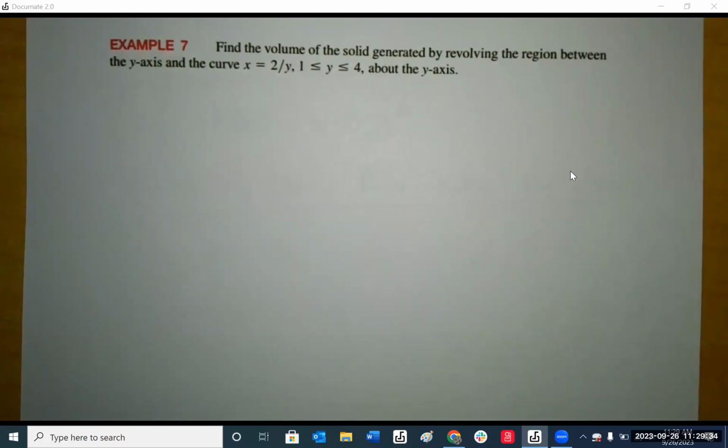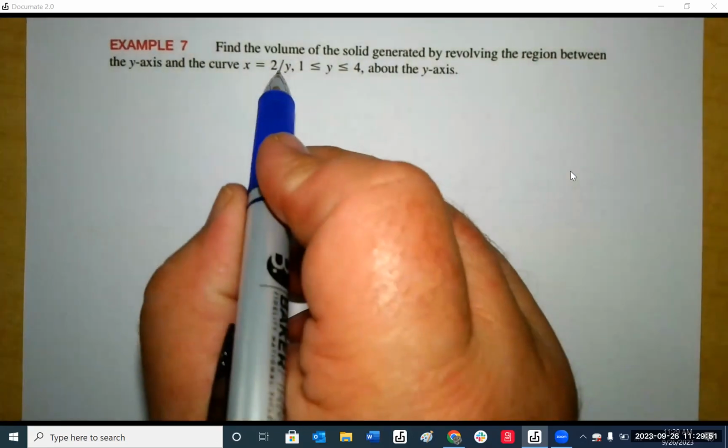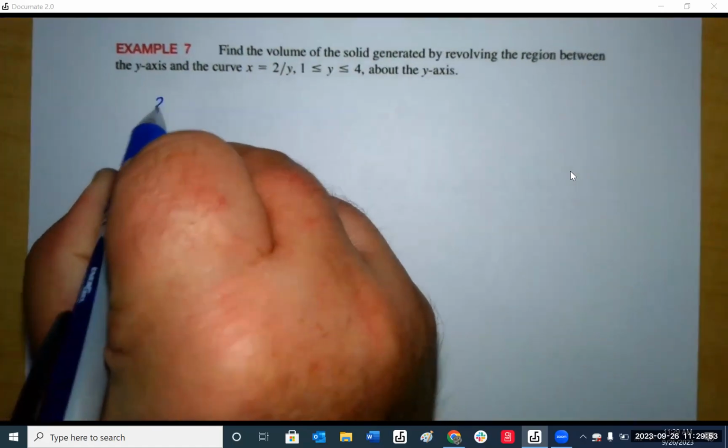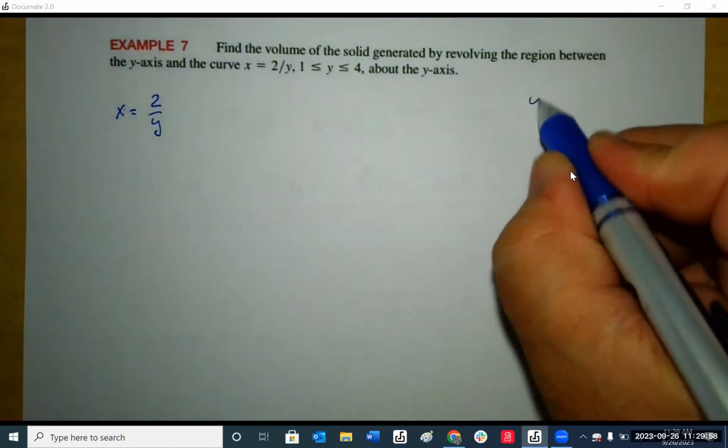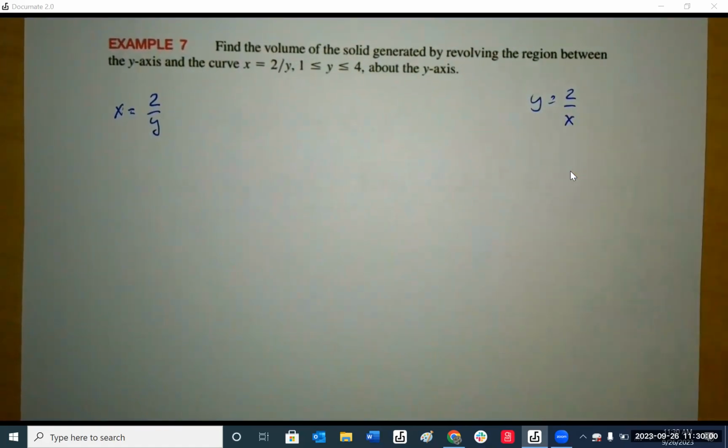What does that curve look like? What does 2 over y look like? Or even what is 2 over x look like? What does that graph look like?